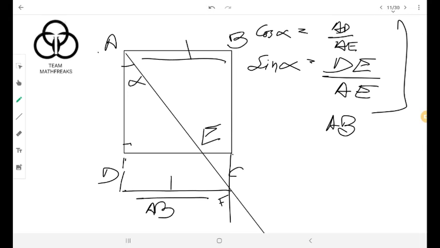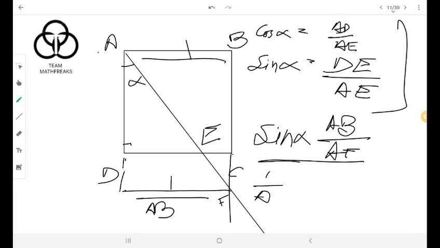AB over AF. This is also possible. Why not? Possible value of sin alpha. Now it's done. Now you just find out the value of 1 over AE square plus 1 over AF square. You are done with it. Nothing to worry about.